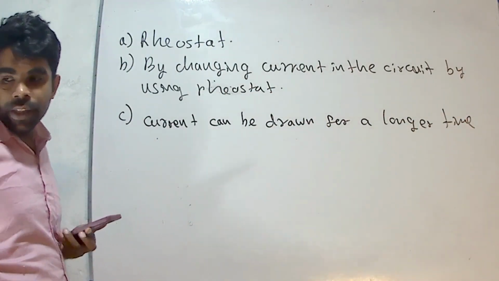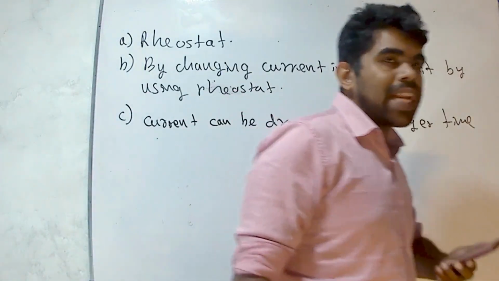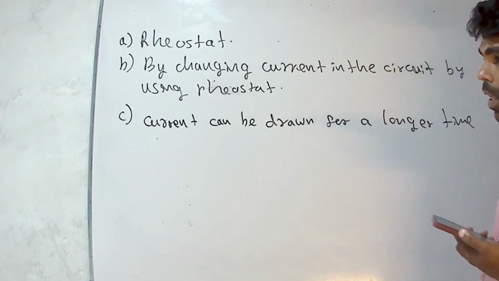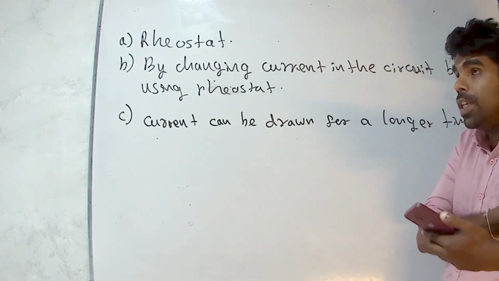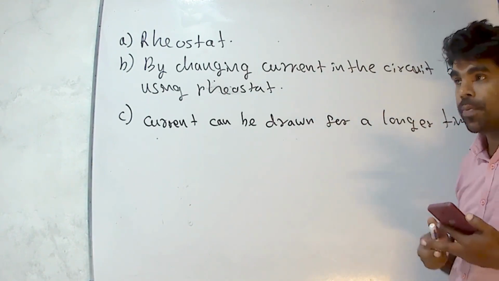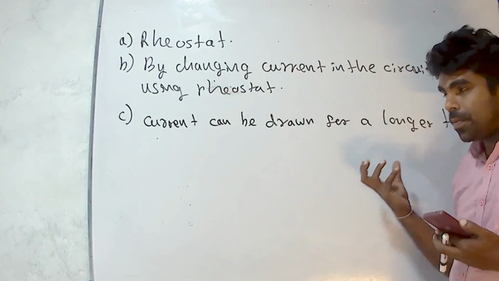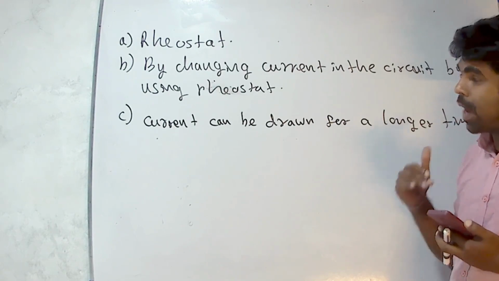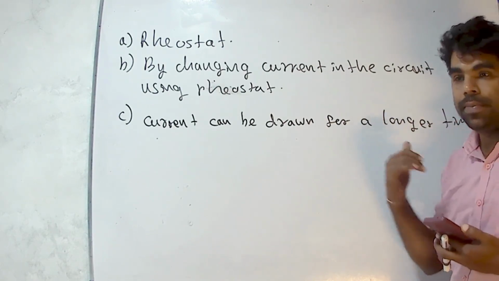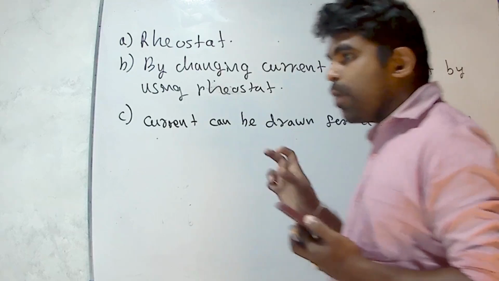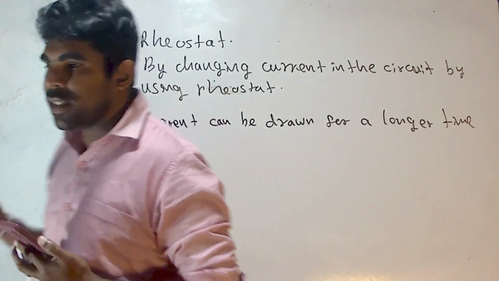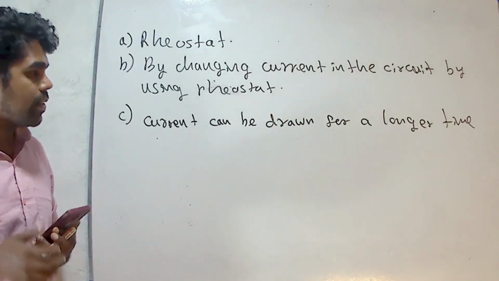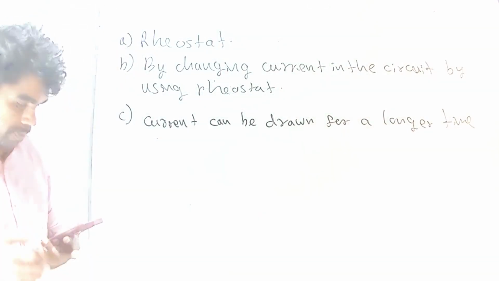If we are using series cells, we can increase the electromotive force, EMF, which means voltage, for the battery. And if we are using parallel cells, voltage is constant, but we can get current for a long time.